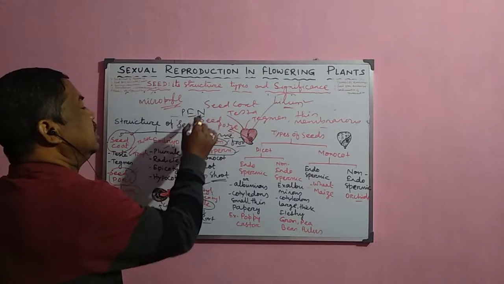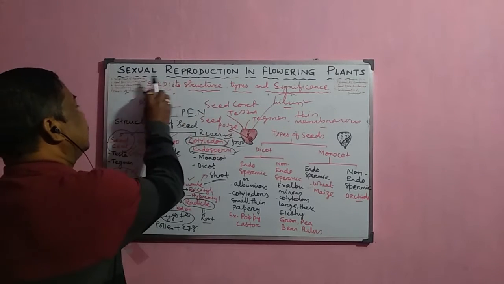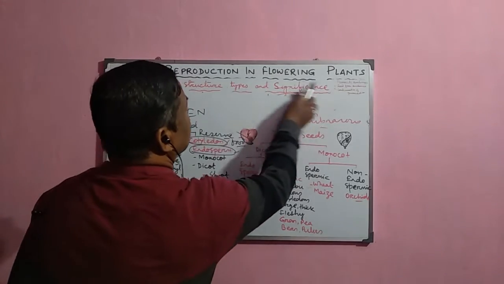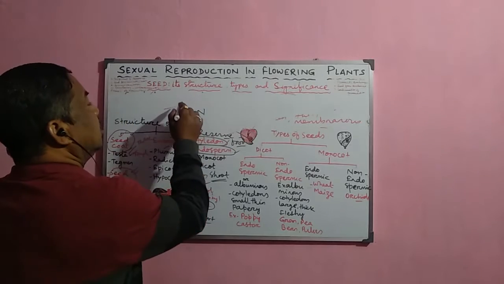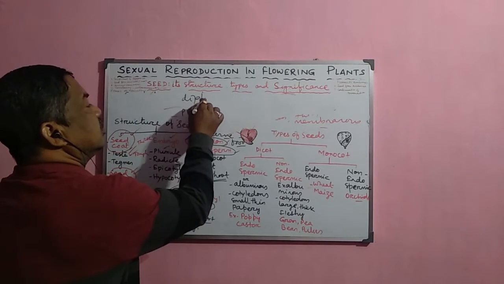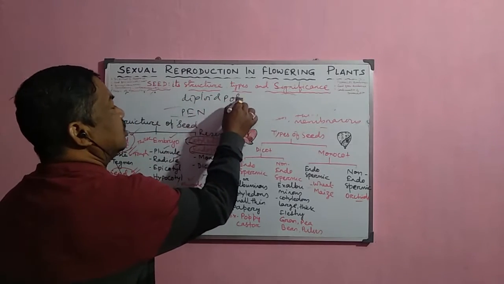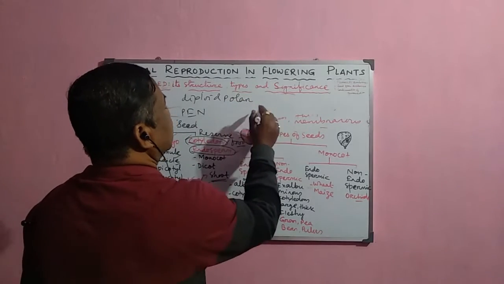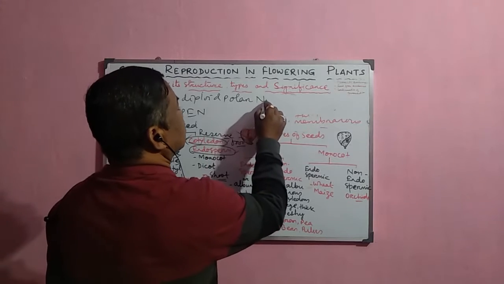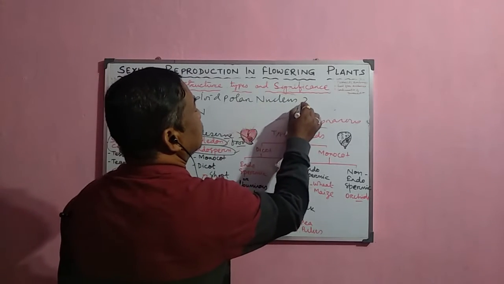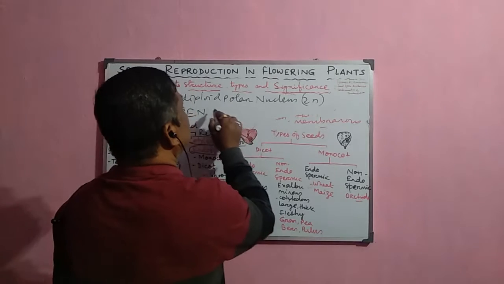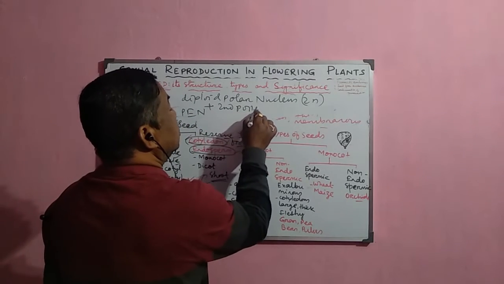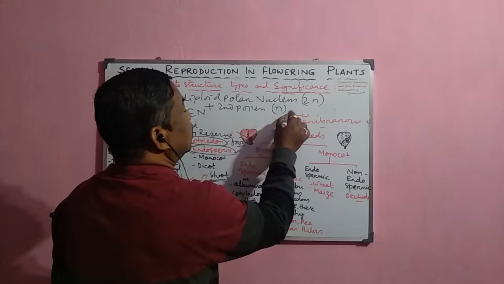This is the primary endosperm nucleus. And this primary endosperm nucleus is normally formed when the diploid polar nucleus, which has 2n number of chromosomes, fuses with the second pollen, which has a haploid number of chromosomes.